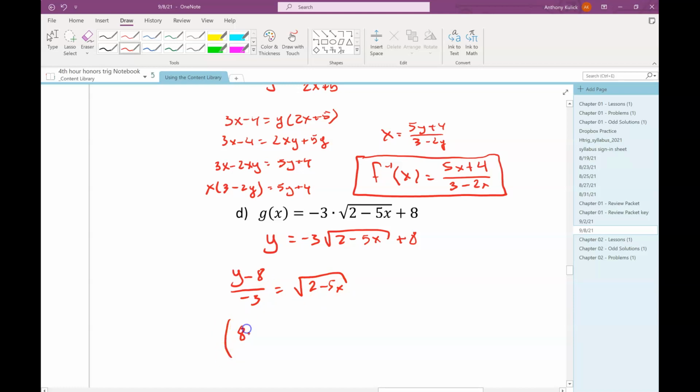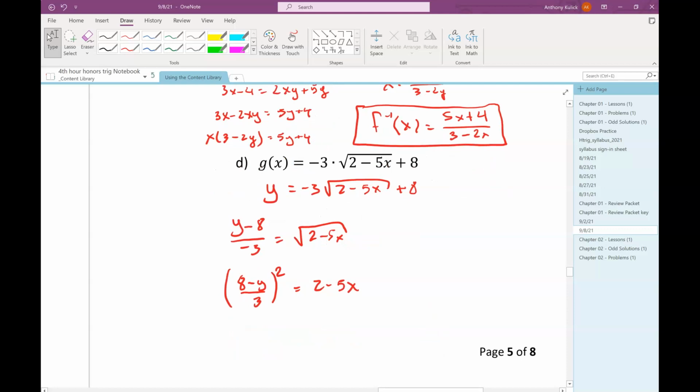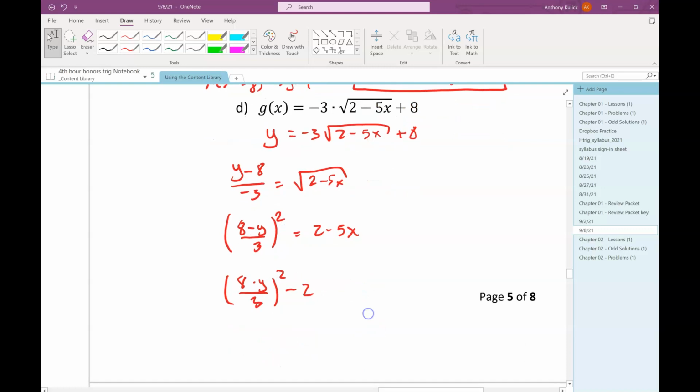I would probably push the negative through to the numerator so I can forget about it. So I swap the signs there in the numerator. That's why the 8 is now positive and the y is now negative. And then I'll subtract the 2 over and then divide by the -5.